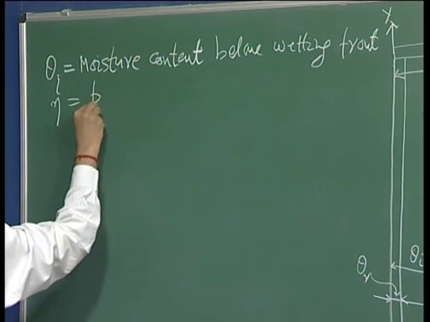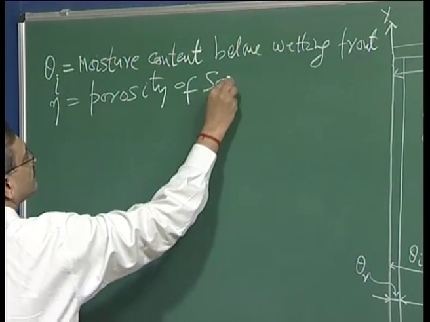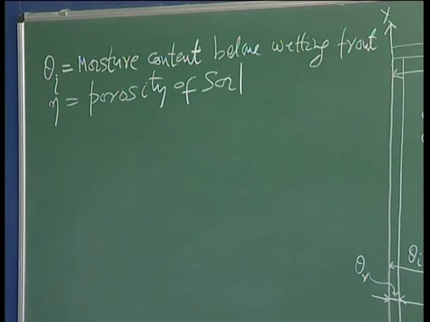Eta is the porosity of the soil, or the maximum moisture content in the soil.